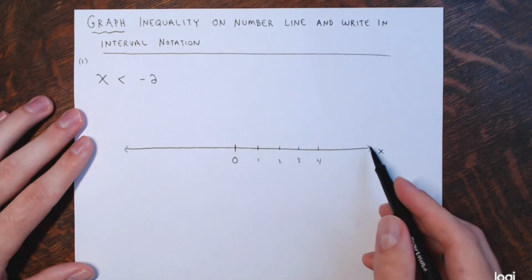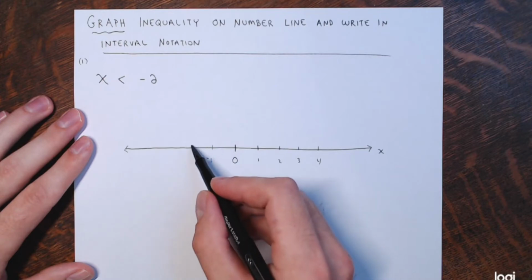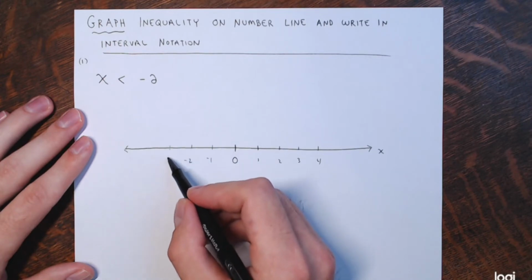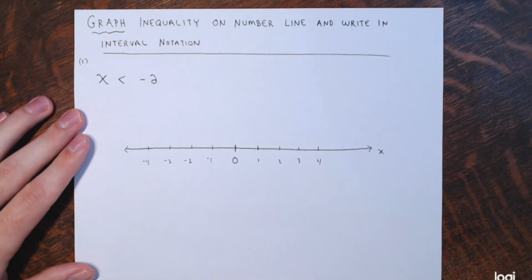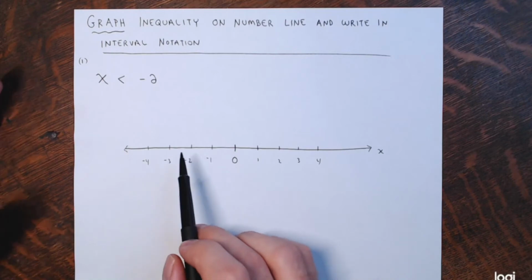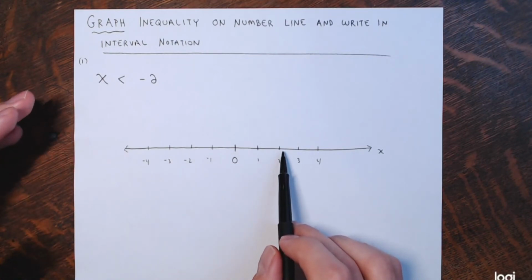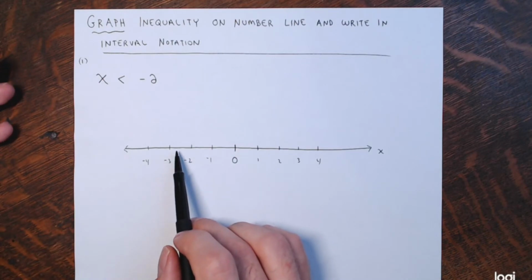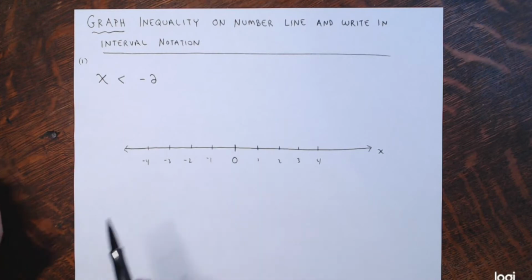That's going to the right, the positives. And then going to the left are the negatives, negative 1, negative 2, negative 3, negative 4, and so on. One thing to point out here is that if one number is to the left of another number, the number on the left is considered the smaller number, and the number on the right is considered the larger number.